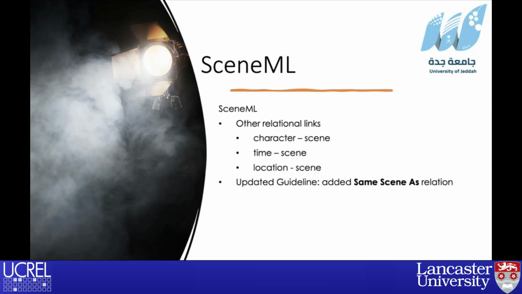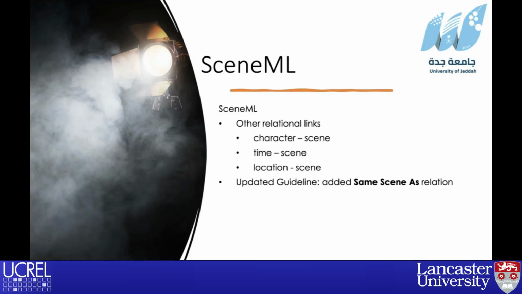Then we updated the guidelines and added another relation called same scene as. We added this because the annotation tool that we used didn't support the abstract scene annotation, so we couldn't annotate scenes in the text.